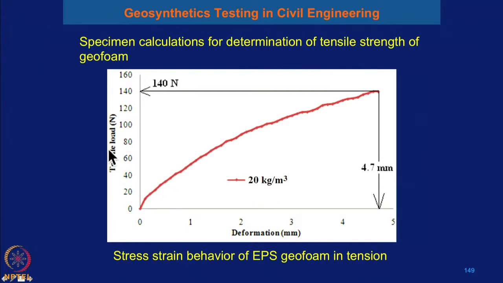This is the tensile load in Newton and this is the deformation in millimeter, and this is the stress strain curve of the EPS geofoam of 20 kg per meter cube. For a particular deformation of 4.7 millimeter, you can see the tensile load is 140 Newton.